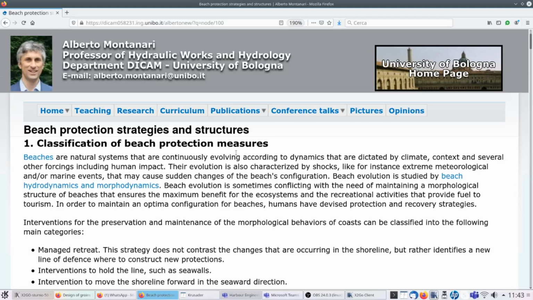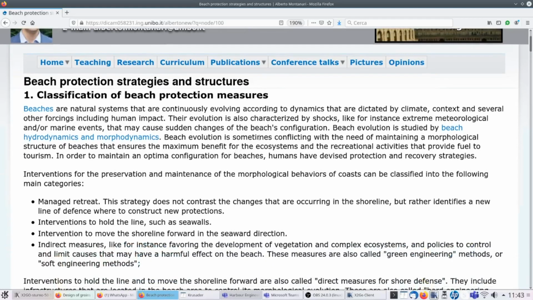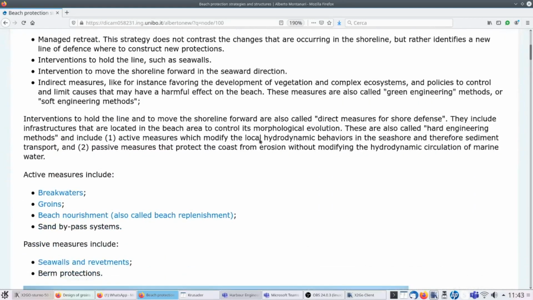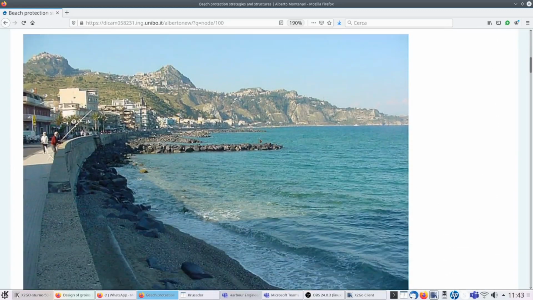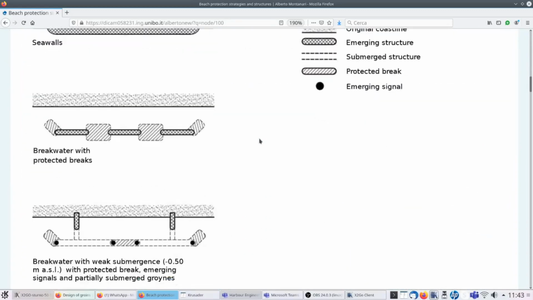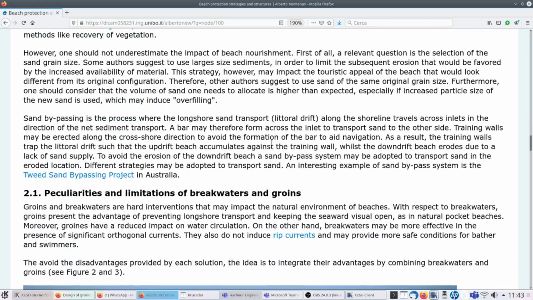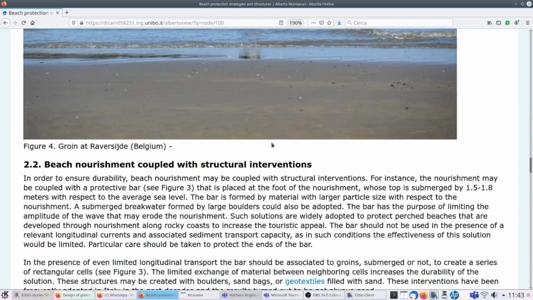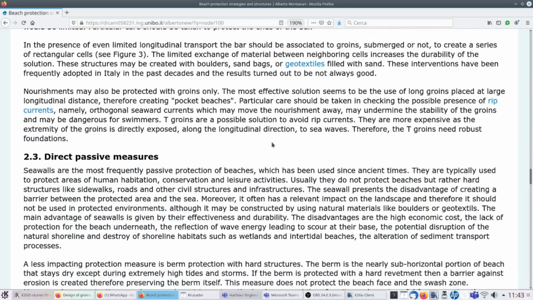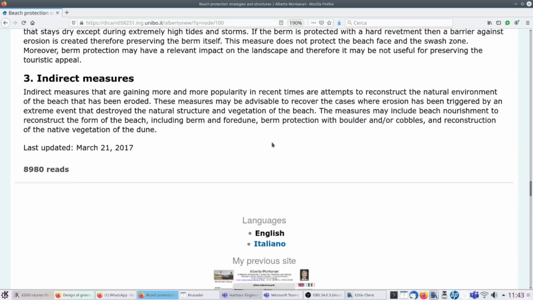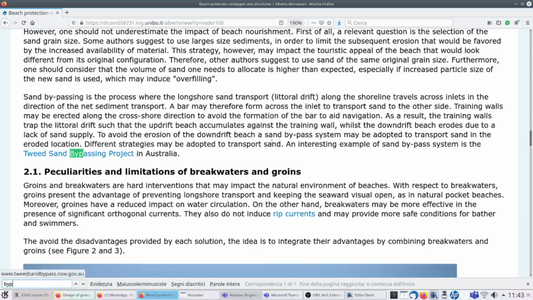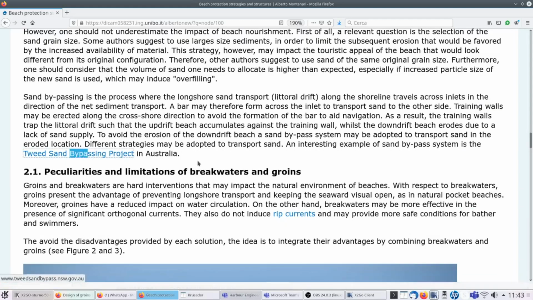And I want to give you an example before making the break. The example is linked somewhere down here. Let me find the link. Let me see, bypass. Okay, here is the link.